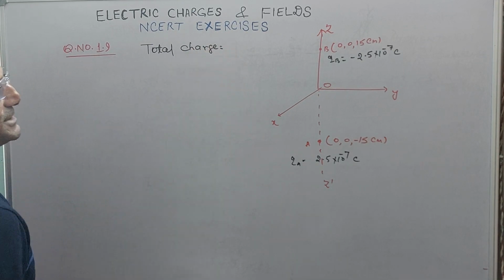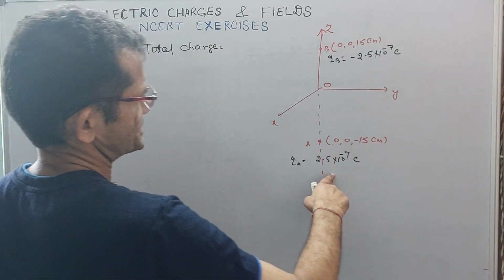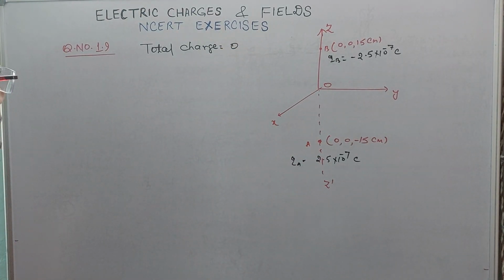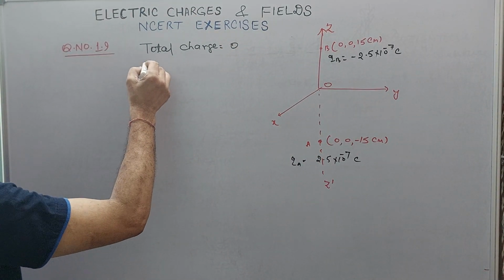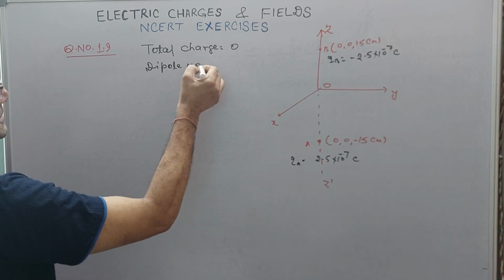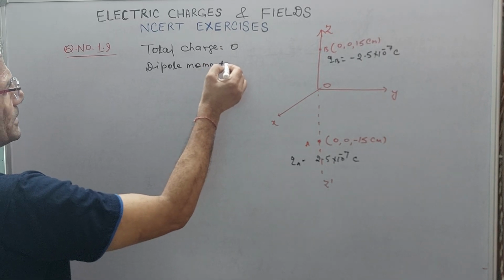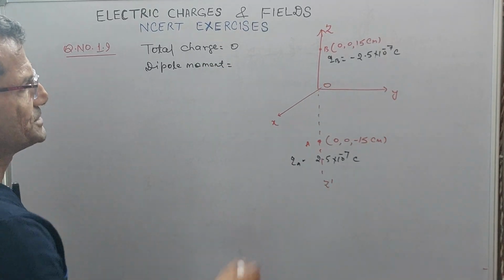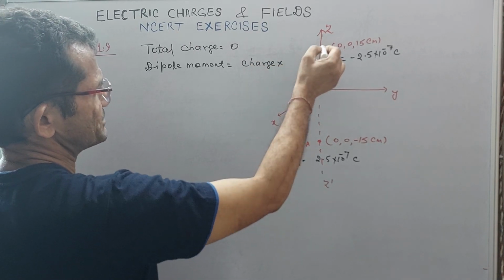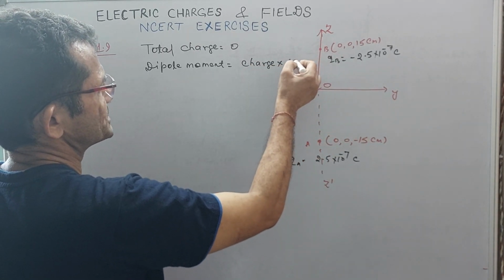So here the total charge is equal to 0, because this is negative charge, this is positive, both are equal in magnitude. And the dipole moment is equal to charge into the distance between these equal and opposite charges, which is AB.